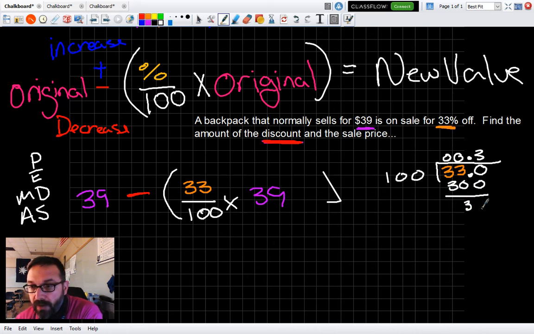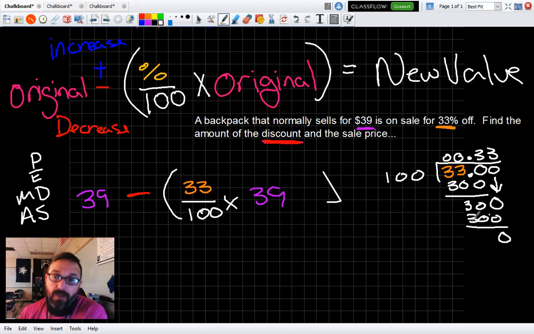I'm going to subtract. It's going to leave me with 30. Add another 0. 100 goes into 300 3 times. 3 times 100 is 300. 0. So 33 divided by 100 is the same thing as decimal point 33.